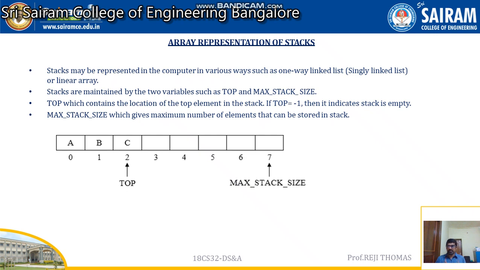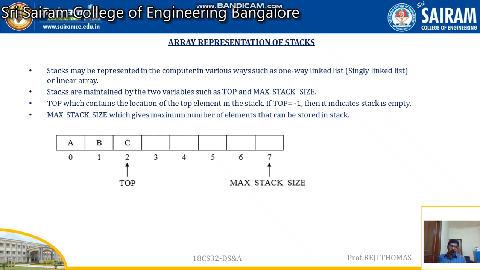Max stack size is 8. And if you look at this carefully, we have successfully inserted 3 characters. You can see A, B, and C have got inserted at index values 0, 1, and 2.